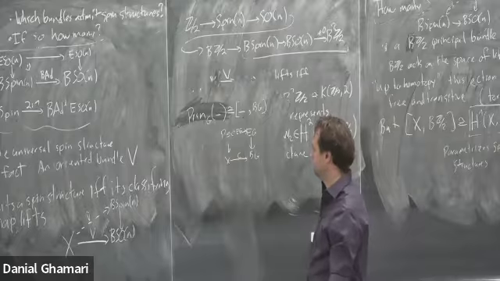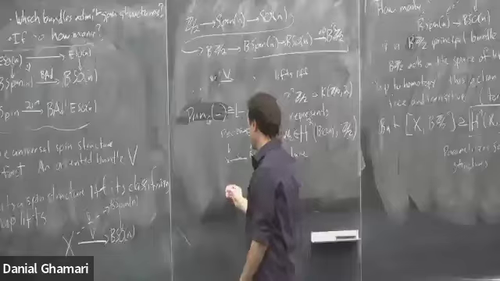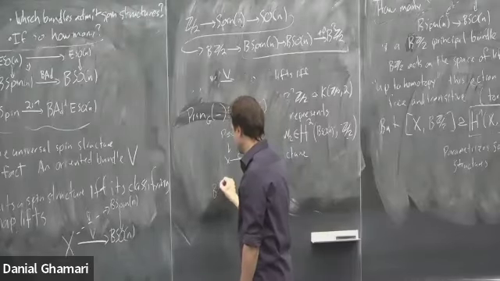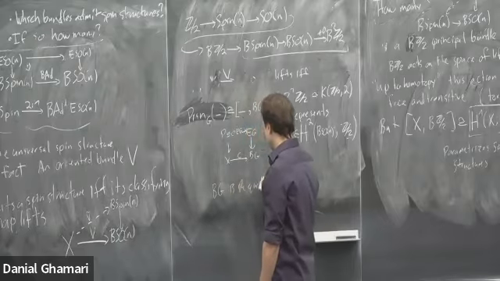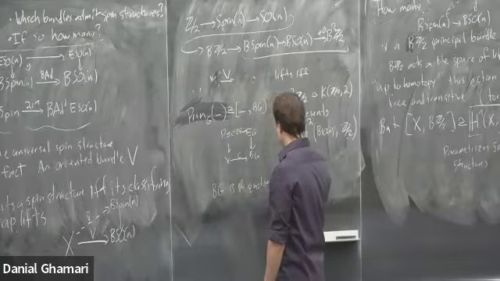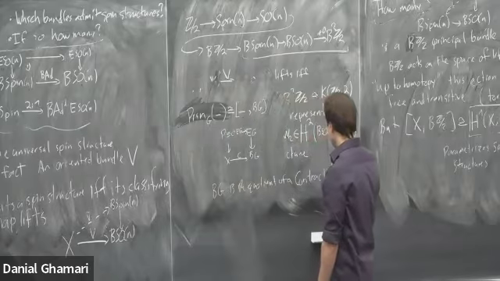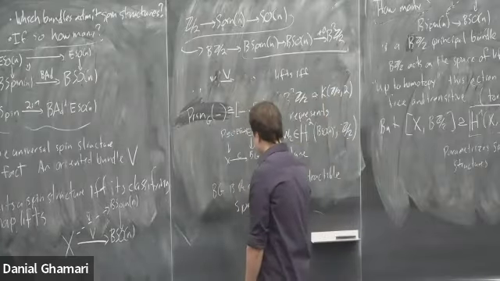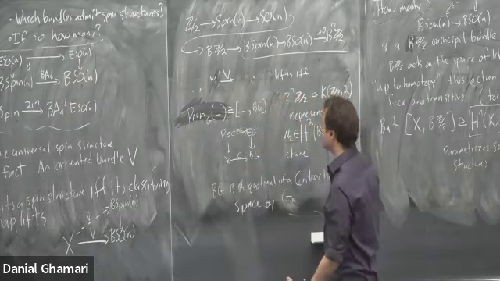Yeah. And one way that you can always ensure that you get a classifying space is that BG is always the quotient of a contractible space. So this is a characterization of the universal bundle.